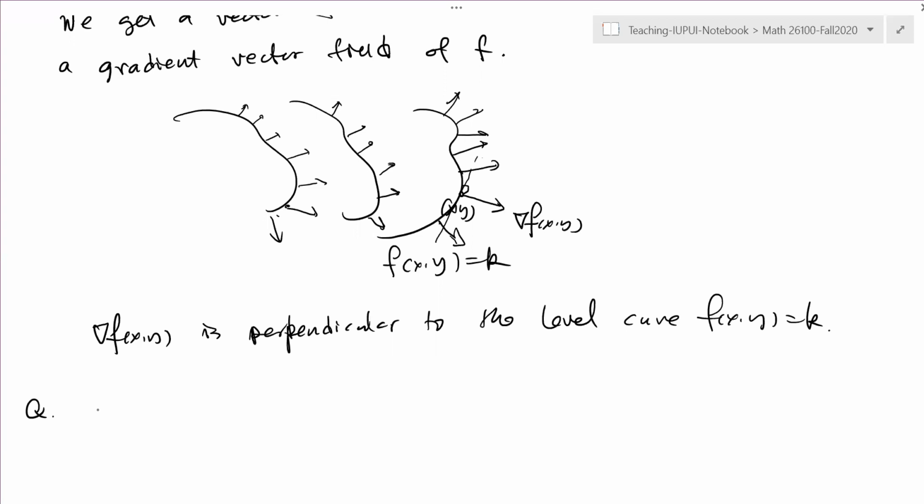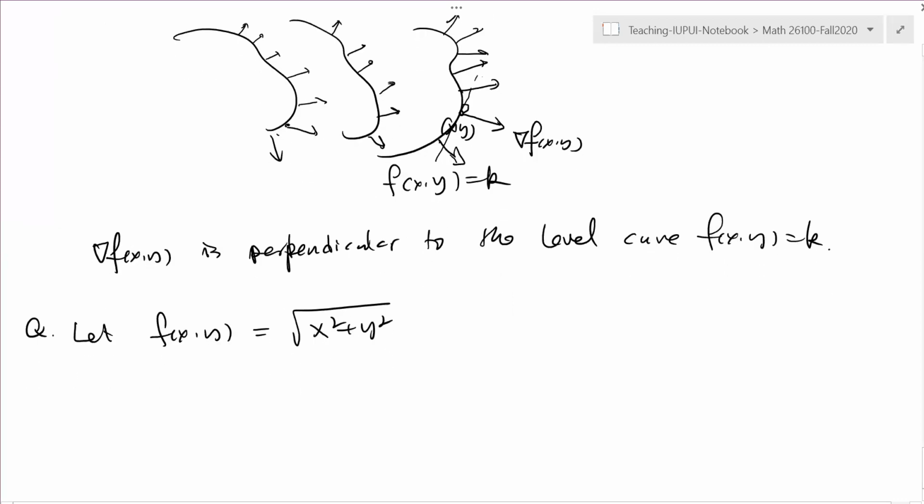Let f(x, y) be the square root of x squared plus y squared. This is a function, and the value of the function is just the length.